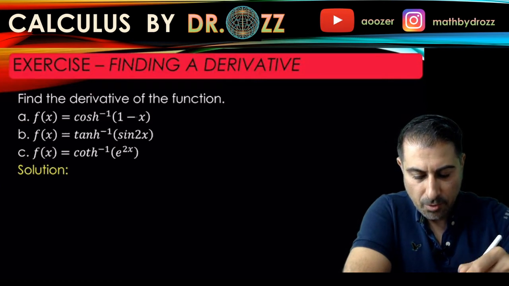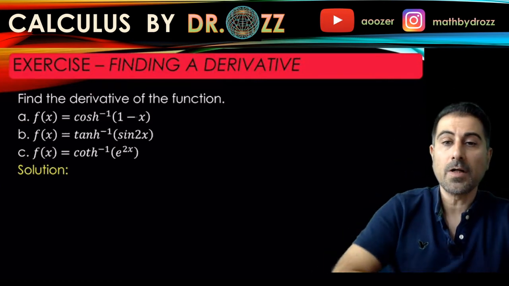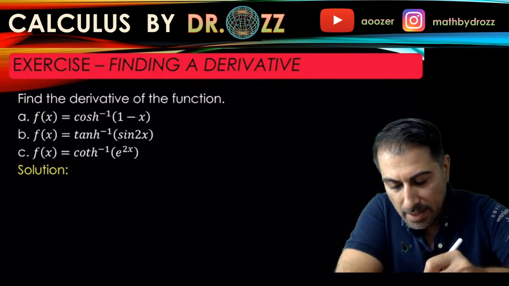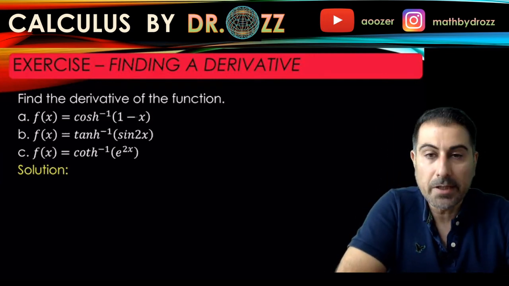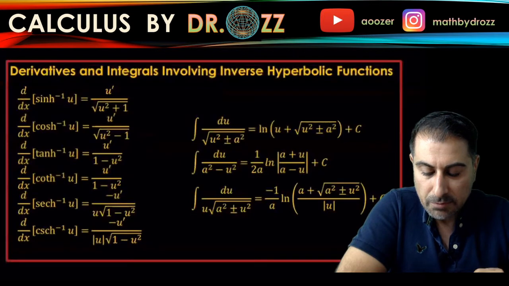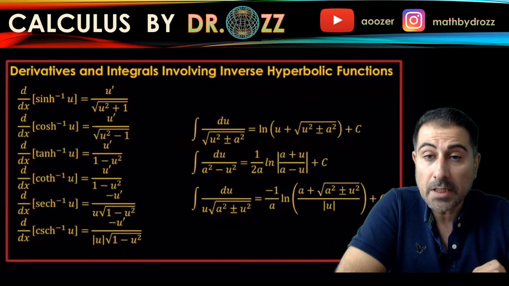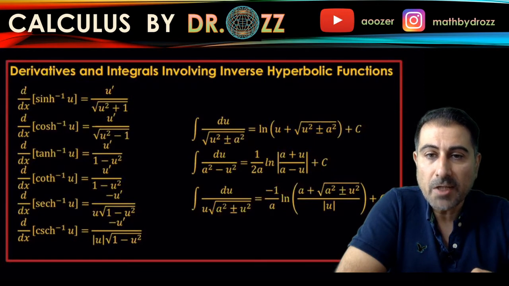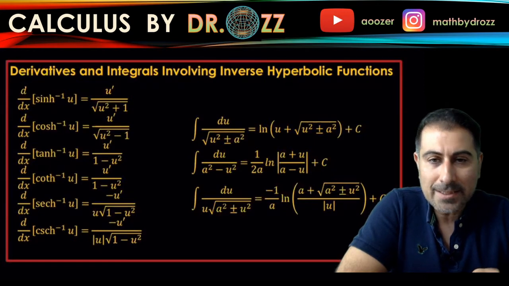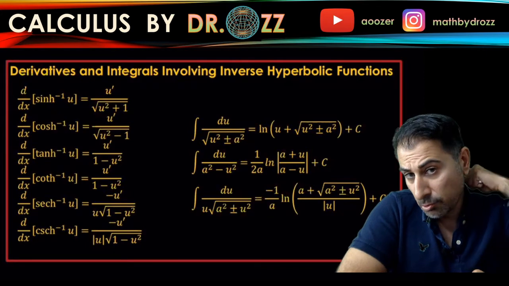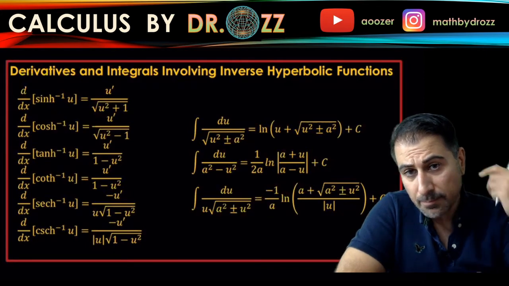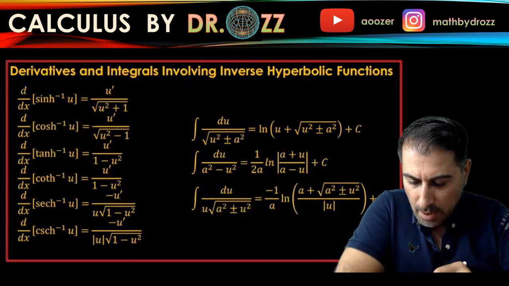We have inverse cosine hyperbolic of 1 minus x, and we have this super cool table that tells us what the derivative of inverse cosine hyperbolic u is. As you see, it's the derivative of the inside, u prime, divided by the square root of u squared minus 1.